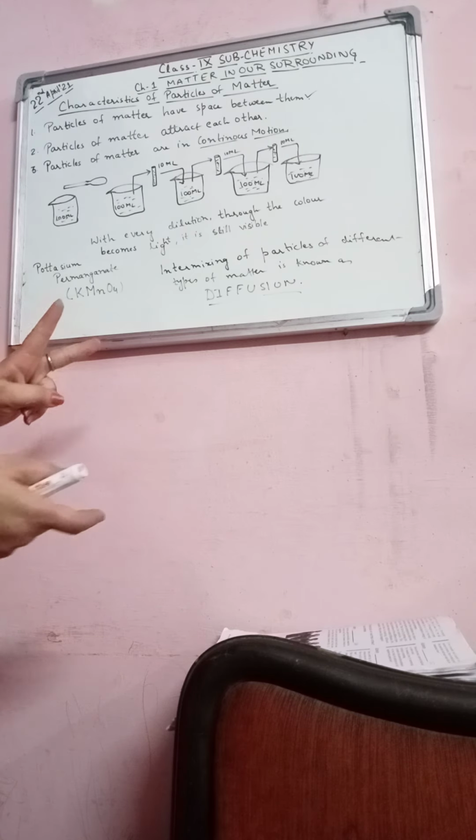So what we have studied are the characteristics of particles of matter. Number one, particles of matter are very small. Second, particles of matter have space between them. Third, particles of matter attract each other, right?